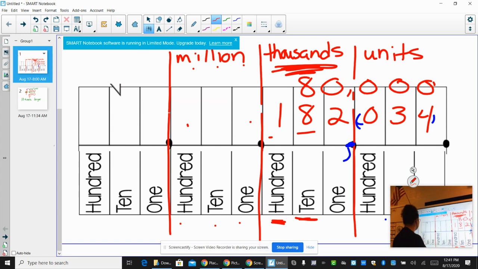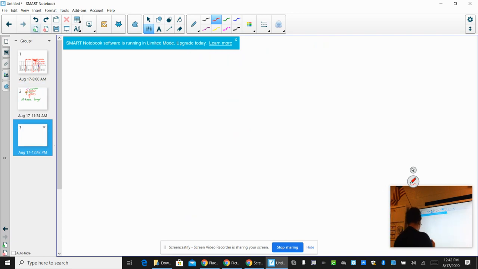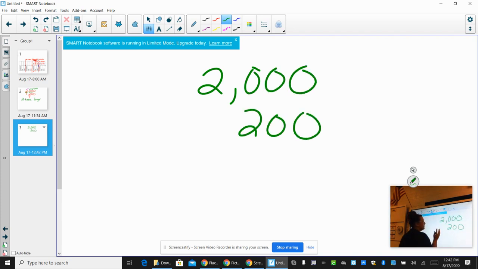Now, we're going to skip down to number 6 and 7 because we want to review one of those essential questions that are posted on your slide today about knowing the value of each digit in that base 10 system. So if we're comparing the numbers 2,000 and 200, you should know that as numbers increase in our place value system, we are multiplying times 10.